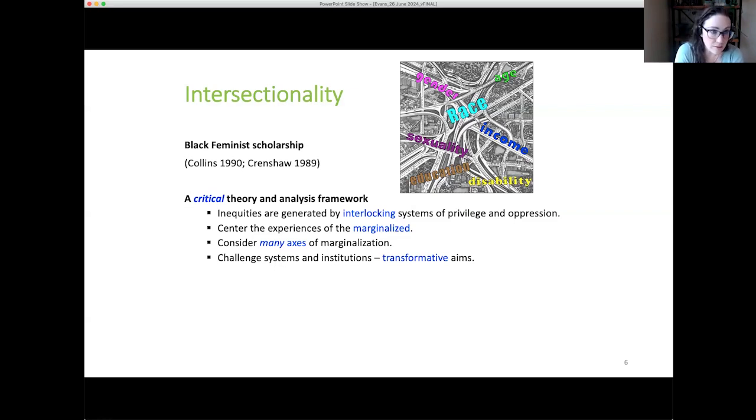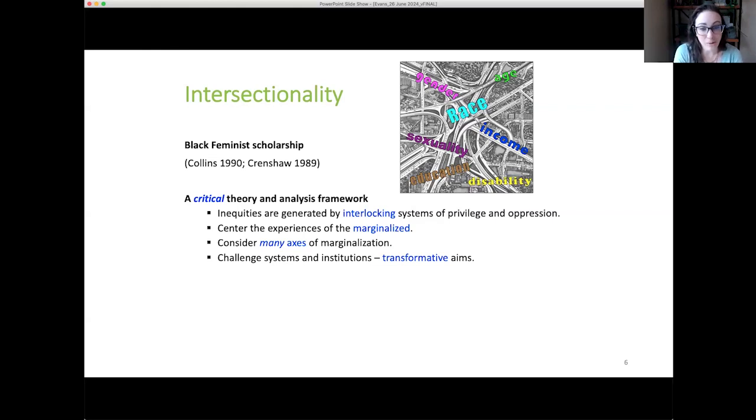An important thread in intersectionality, of course, coming out of Black feminist scholarship, is paying attention to and centering the experiences of the multiply marginalized. Traditionally, Black women, of course, but this framework has been expanded to think about other people who occupy marginalized positions or who mix in their positionalities some marginalization with privilege.